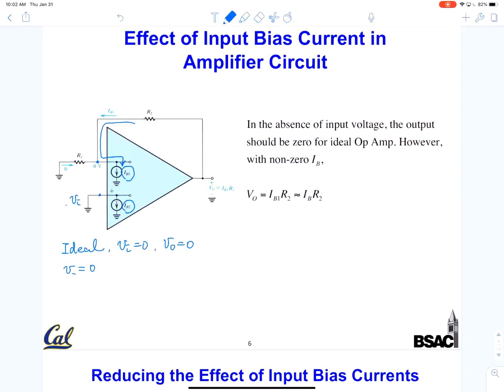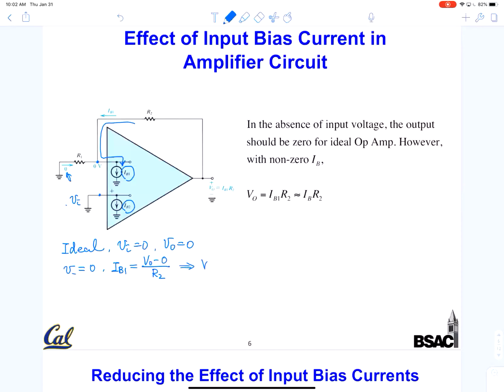Because in the other branch, there's no current, because it's ground on one side and 0 on the other side. So all the current has to come from the output terminal. So you can now estimate that IB1 is basically the DC offset VO divided by R2.